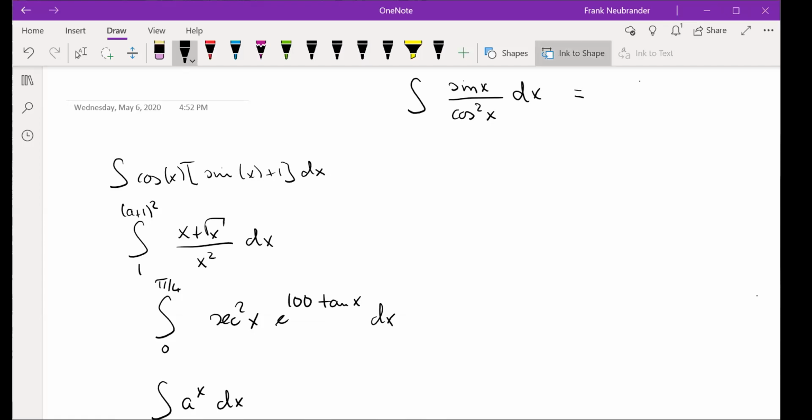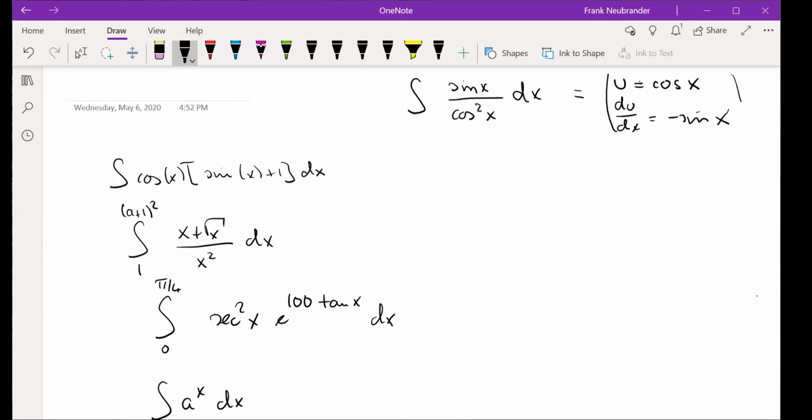In this case, it would work. If you take U equal to the cosine of x, then U prime is minus the sine of x. And yes, I see the sine and I see the cosine.